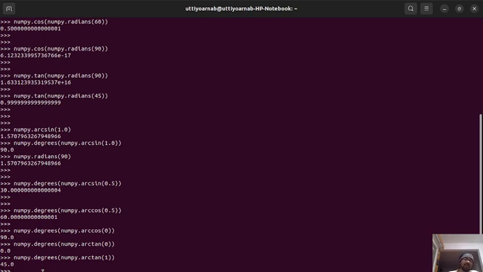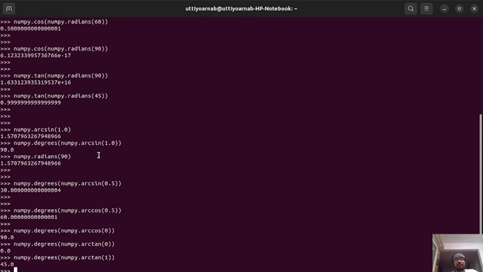So this is the way we can calculate the trigonometric and inverse trigonometric functions using the numpy library in Python 3. Always remember that the argument of the sine or arc sine, or in general any trigonometric or inverse trigonometric function, is in radians, and you get the value in radians.